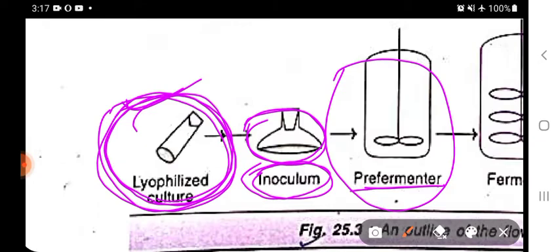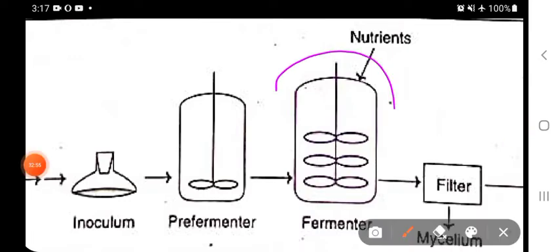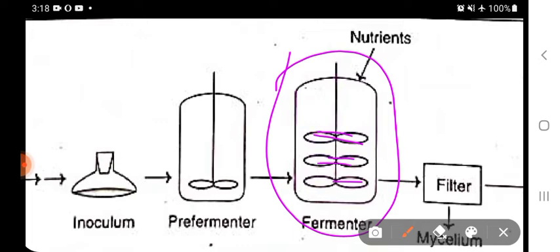Then after suitable culture in the pre-fermenter, we grow it in the fermenter where large quantities of the medium are employed, and fermenters are very large vessels as we know. These are showing the impellers which are continuously stirring the culture for easy availability of the nutrients to the inoculum, to the Penicillium chrysogenum spores.